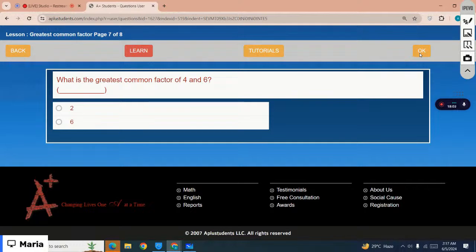What is the greatest common factor of 4 and 6? Which is the correct option? The greatest common factor of 4 and 6 is 2.